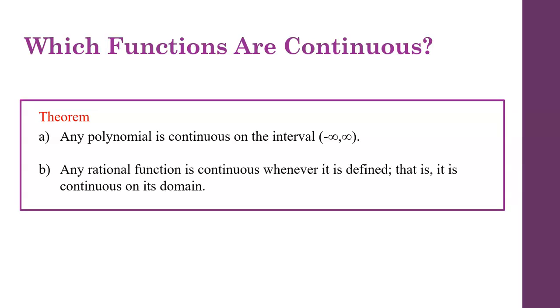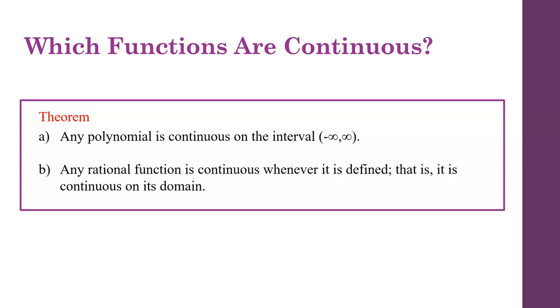And a rational function, that's if I take a polynomial and divide it by another polynomial, what we get is a rational function. Those are continuous whenever it is defined, right? Whatever its domain is. So basically, whenever its denominator is not 0.